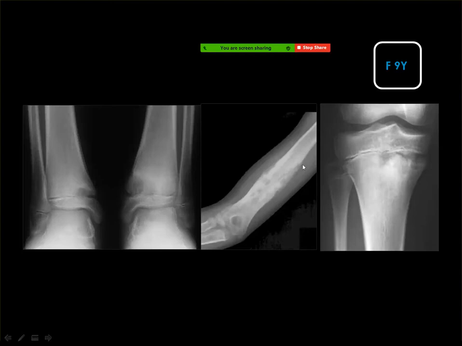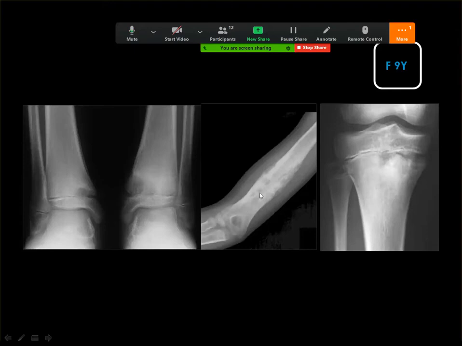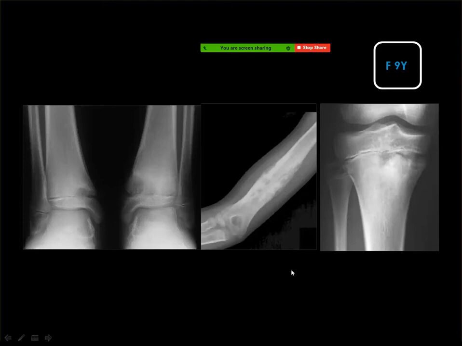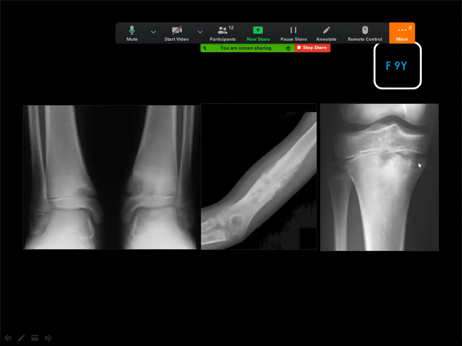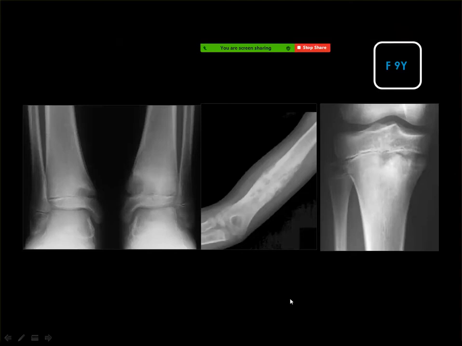There is no significant periosteal reaction around all lesions. Then the possibility of being an inflammatory condition is more likely than a neoplasm, because if you consider this as a lymphoma, you should consider this as also lymphoma, and this one and this one, but this does not fit well with the lymphoma possibility.